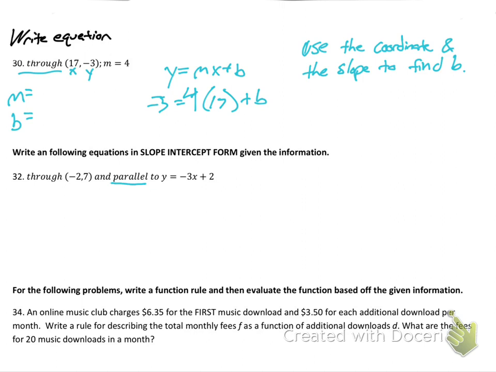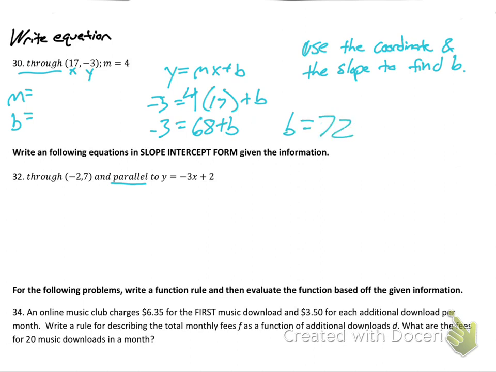So we need to do 4 times 17, and that's going to give you 40 plus 28, which should be 68 if I'm correct off the top of my head. -3 is equal to 68 plus b. I'm going to minus 68 on each side. I'm going to get b is equal to 72.